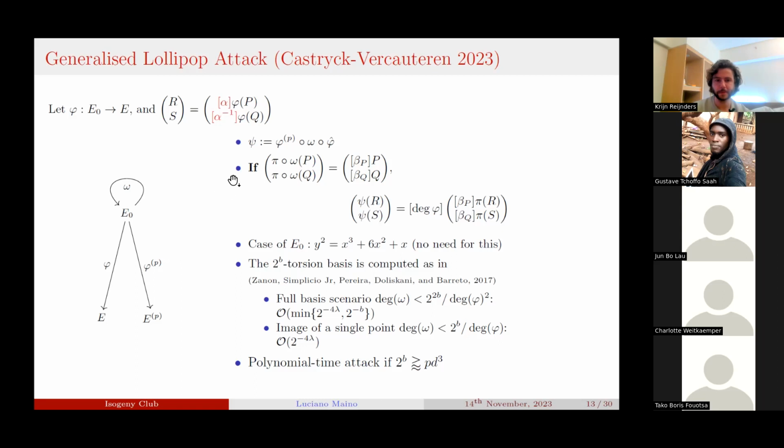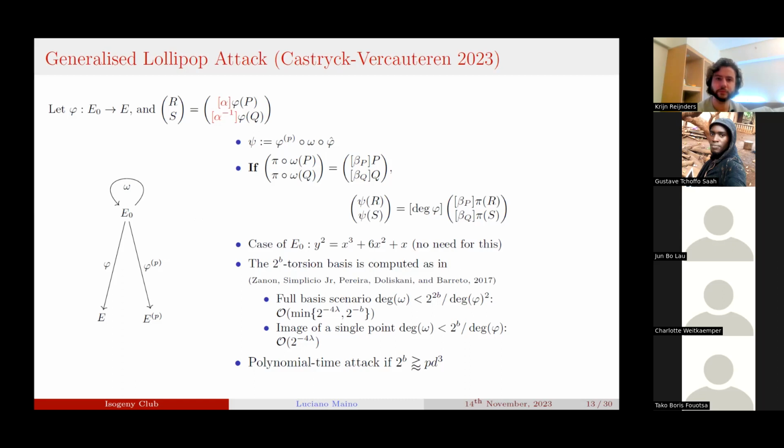So what they do is that they look at this new isogeny psi. This isogeny psi is given by the dual of phi composed with an endomorphism omega on E0 composed with the Frobenius conjugate of phi. And then for this attack to work, there is another assumption.